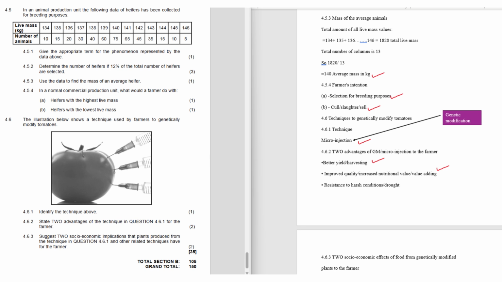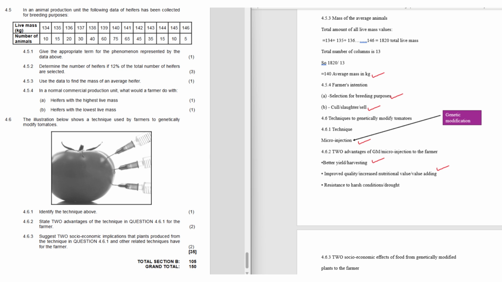It is used in the genetic modification of plants and animals where the desired DNA is injected into the nucleus of the recipient cell. With that information in mind, we have to state two advantages of this microinjection technique. What will this technique do for the farmer?